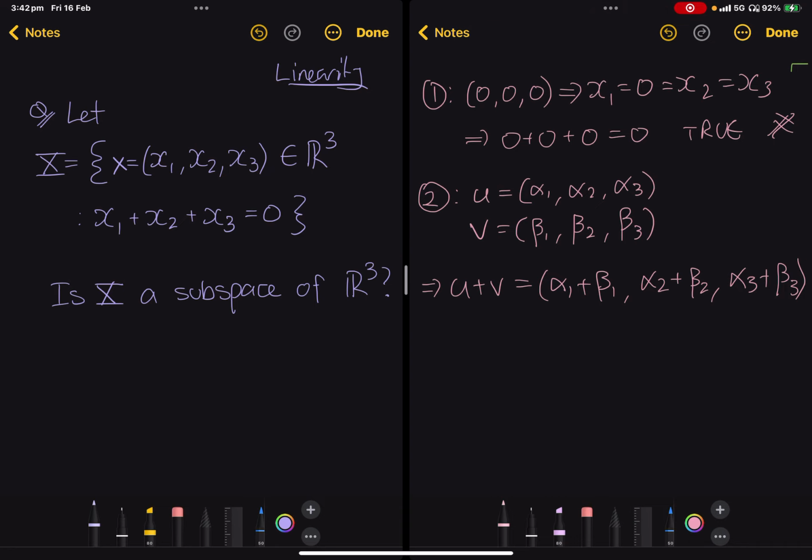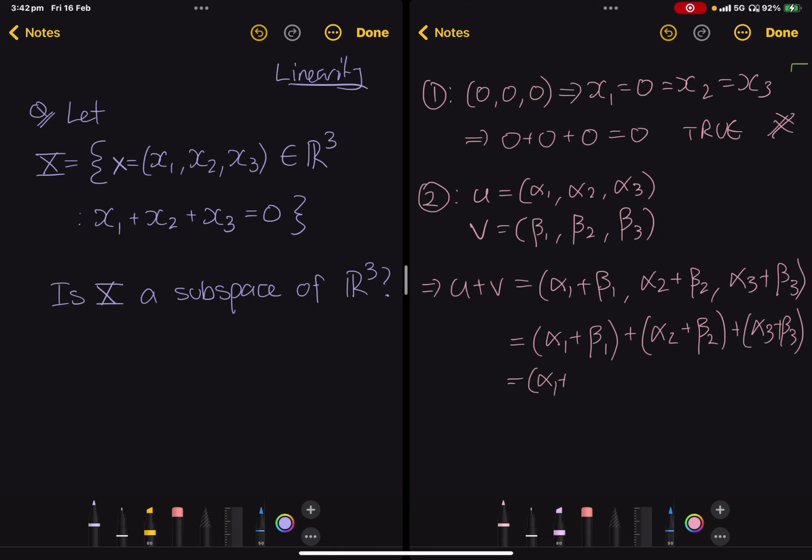If this is our vector, we can think of this in terms of three components. We've got an x component, a y component, a z component. So we can say that this is actually alpha 1 plus beta 1 plus alpha 2 plus beta 2 plus alpha 3 plus beta 3. We can rewrite this by grouping all the alphas together.